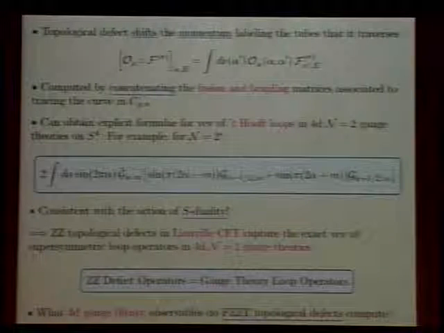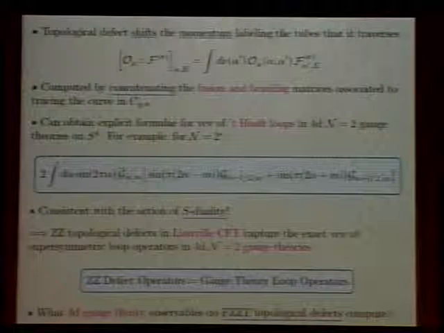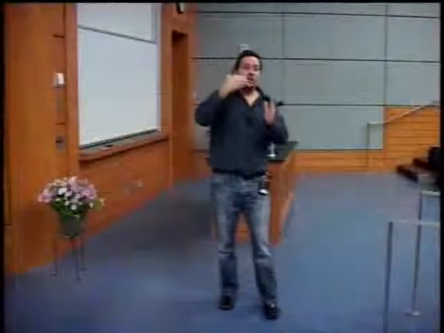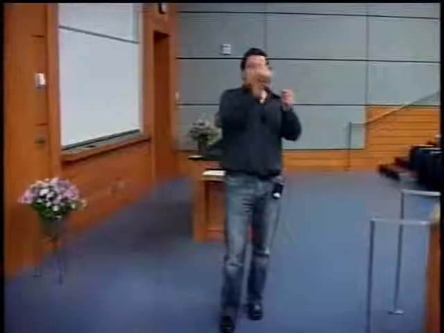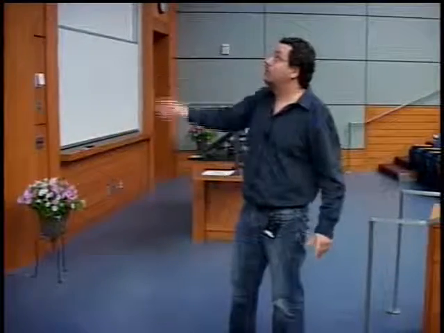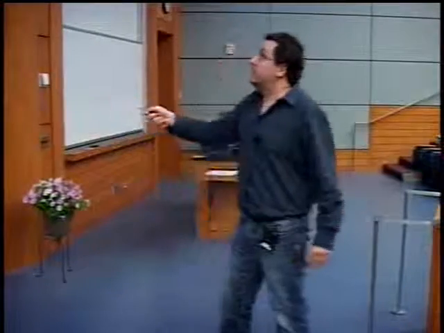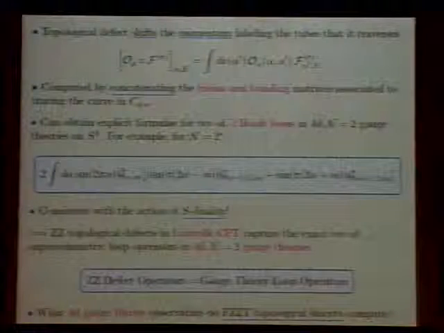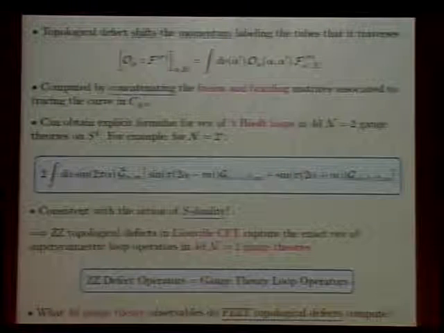And that's due to the fact that when you move a field across the Riemann surface, it has a non-trivial fusion with the quantum numbers associated to the tubes. And that essentially is responsible for the shifting of these quantum numbers. So the thing that you can show is that this answer is consistent with the expected action of S-duality on Wilson and 't Hooft loops.